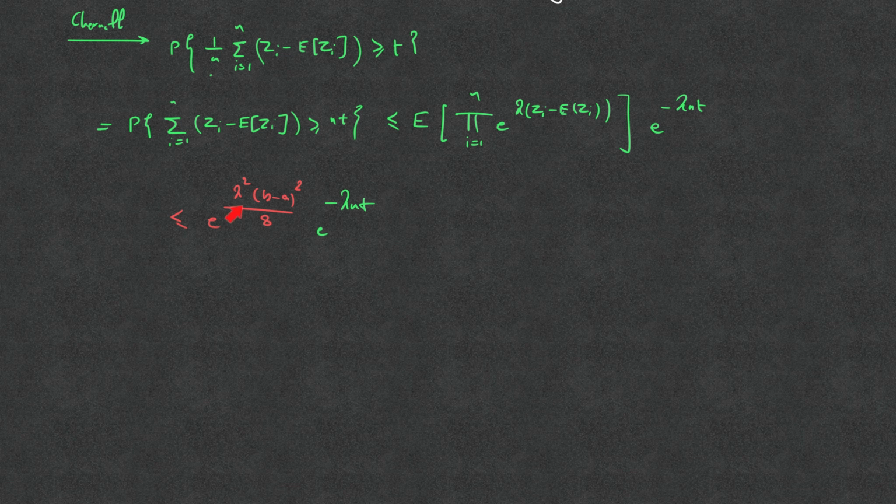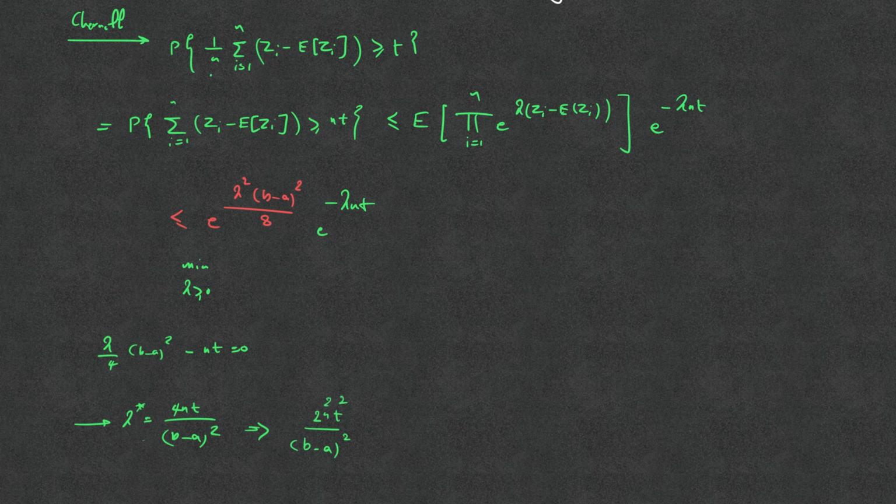And note that now you can minimize this over lambdas. So if you actually do the minimization over these non-negative lambdas, you can actually ignore the e and try to maximize this exponent, which would result in the derivative with respect to lambda being 0. Therefore, the optimal lambda is going to be 4nt divided by (b minus a) squared, which if you substitute, and forgive me, I forgot an n over here in this part.